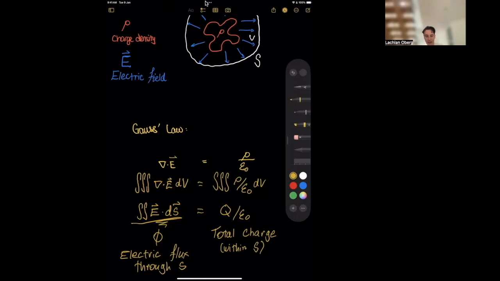We can then use the integral form of Gauss's law to calculate the electric field at any point distant from that wire. In summary, we've transformed the differential form of Gauss's law into its integral form. This has opened up new possibilities for us to solve electrostatics problems, depending whether we know something about the electric field or we know something about the charge distribution.